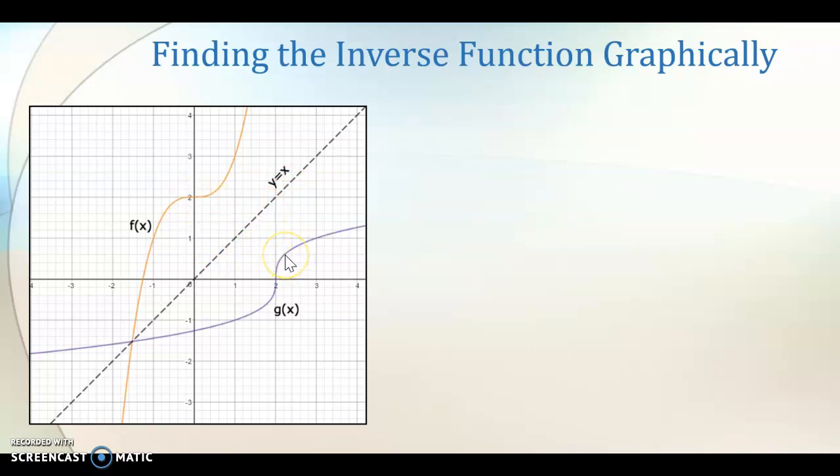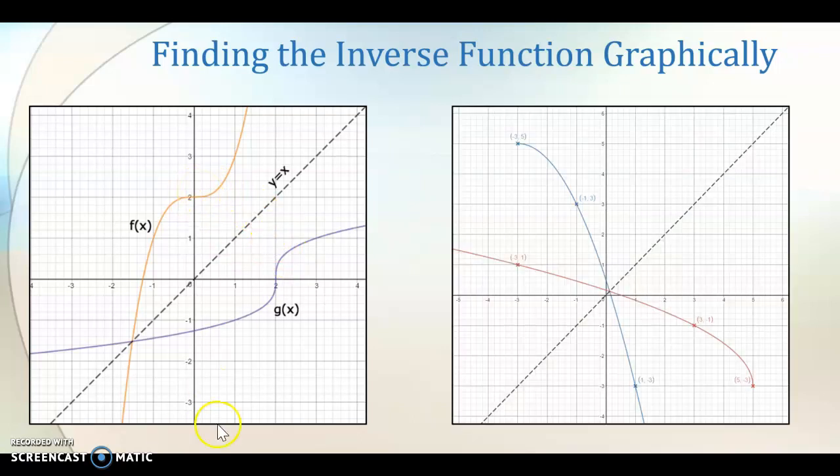Now g(x) is the inverse function of f(x). How about this function? First we draw the straight line y equals x. Let's say this is the original function f, and we are going to find its inverse function.